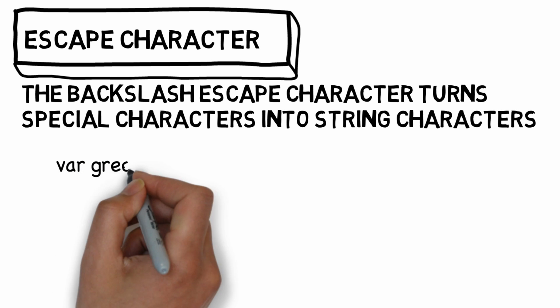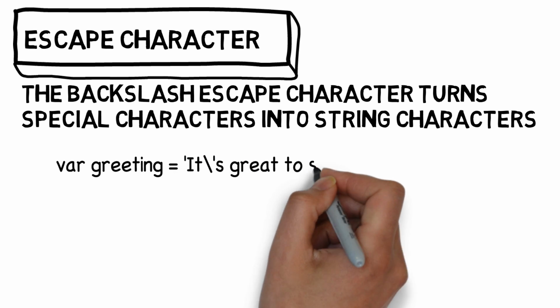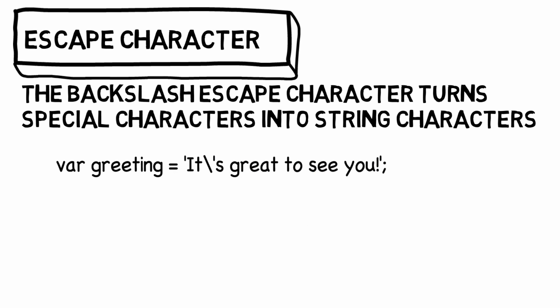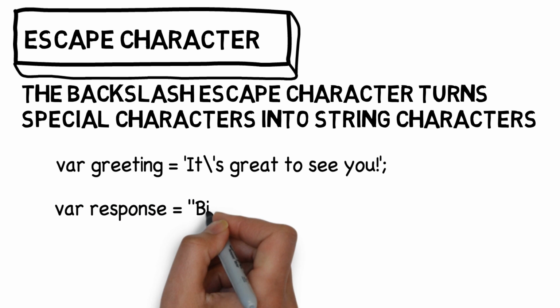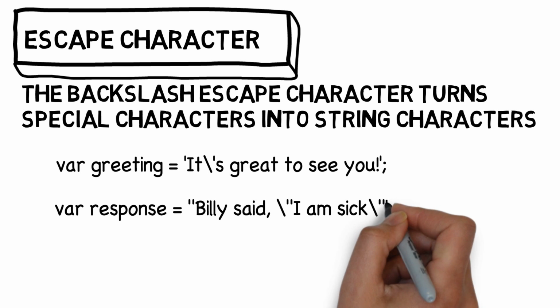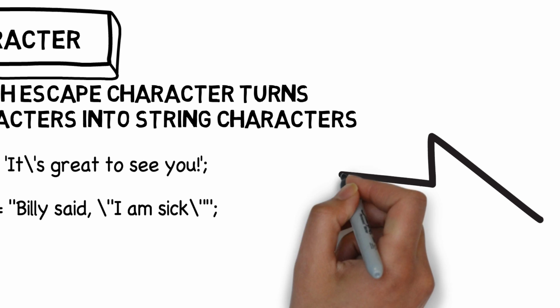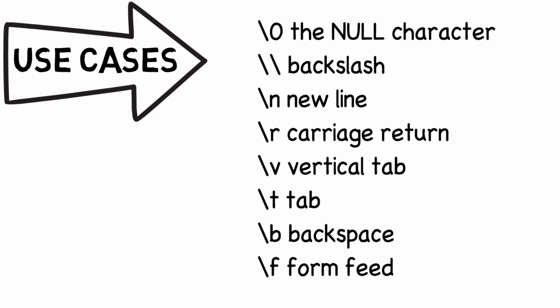We can use single quotes for the whole expression by putting the escape character before the single quote within the string. We can use double quotes for the whole expression by putting the escape character before both the double quotes within the string. There are a number of other things that escape character will be used for with special characters, but hopefully this gives you a taste of how it works.